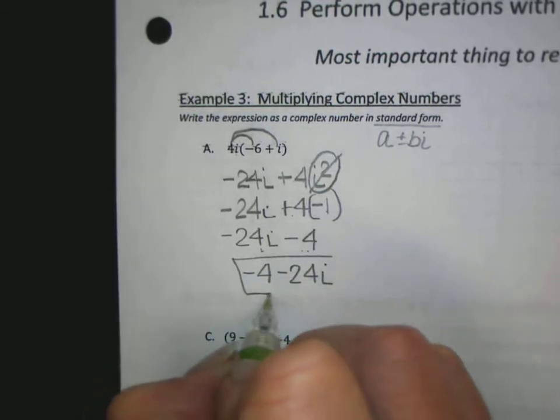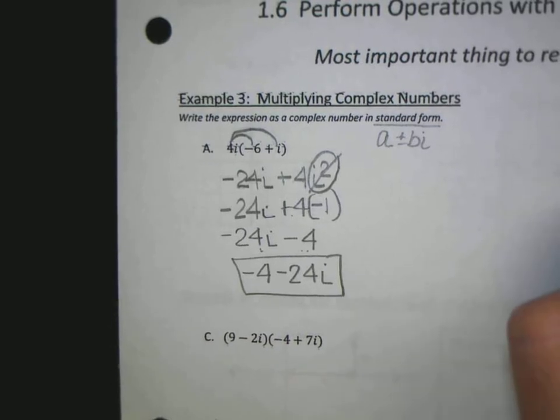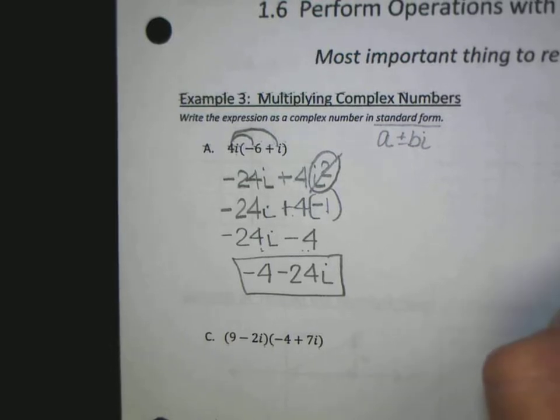And that's actually your final answer. So here, same thing, you're going to distribute. 2i times 4 is 8i. 2i times i is 2i squared. i squared turns into a negative 1, which causes this to become 8i minus 2. The real part goes first, the imaginary part goes second, and you are finished.